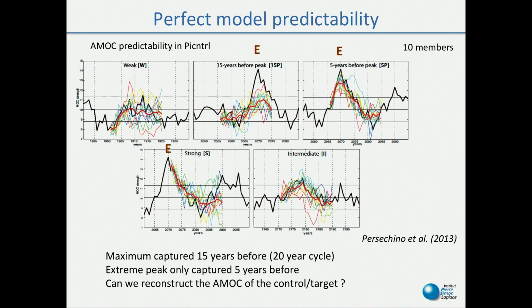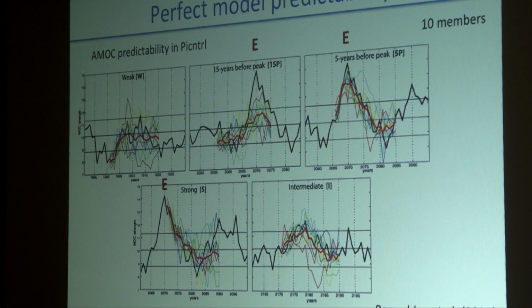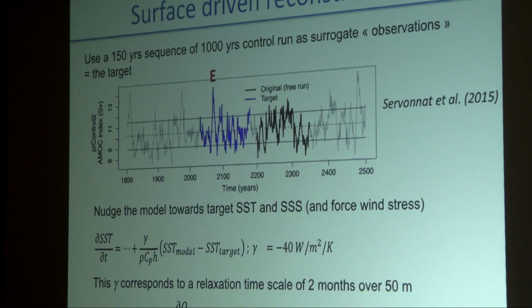Right, so then the question we've been asking ourselves: not the initial states, going away from perfect model predictability, can we reconstruct the AMOC of the model? And for that, going in the perfect model, we use a 150-year sequence of the 1,000-year control run as surrogate observations.